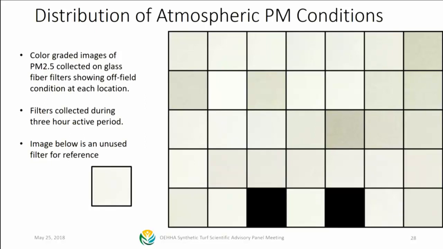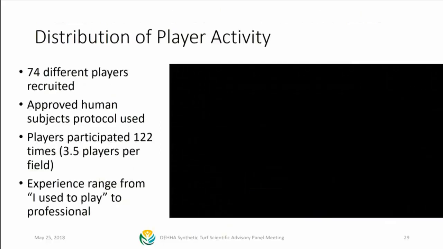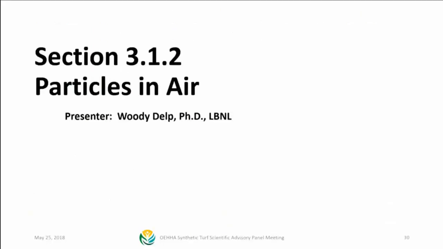We didn't clip the filter, but we clipped the pictures. This is all off-site measurements to show you the range of conditions that we saw when we went to the field. Some of these may be closer to a freeway than others. Some may be out in rural areas, whether it's dusty or not. If you just glance across and look at the different densities or darknesses of those filters, it gives you a sense of the conditions in the field, regardless of where they might be.